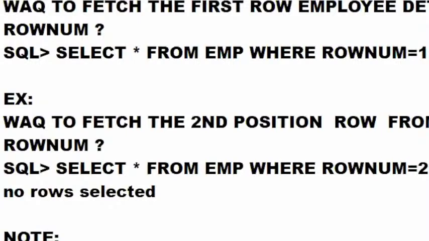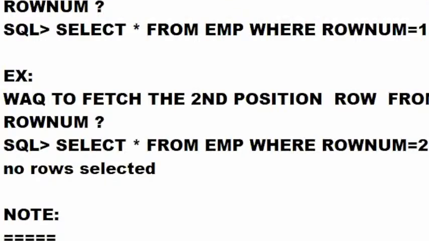Generally, ROWNUM always starts with 1 for every selected row in a table.